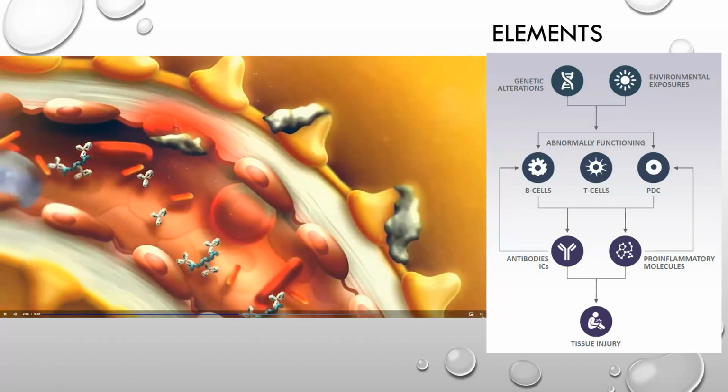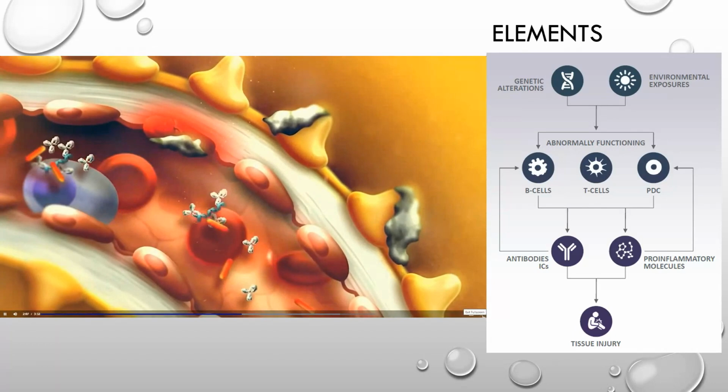So it doesn't matter really where this happens, but what's happening is there's some genetic alterations, which I'll also pull up. We don't know exactly what causes it, but we do believe that there's genetic alterations within our body that then will cause these B cells, T cells to start functioning in a way they shouldn't, where they produce pro-inflammatory molecules which cause inflammation, and then they cause these autoantibodies that then will latch on and attack our cells.